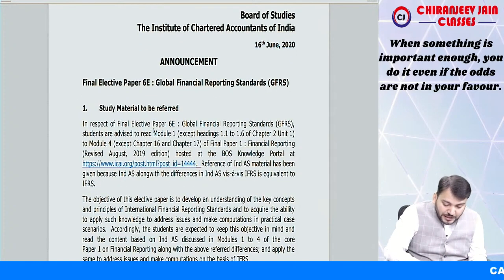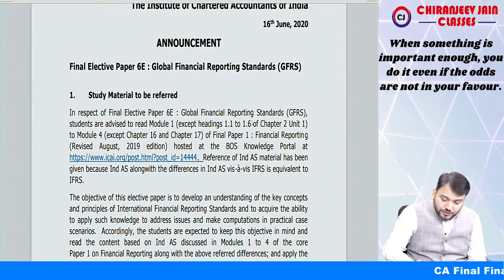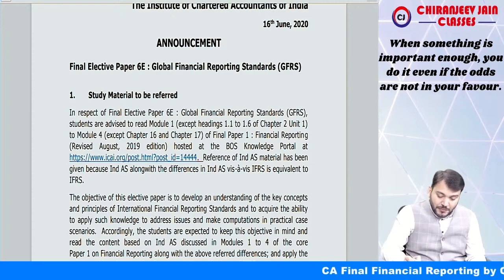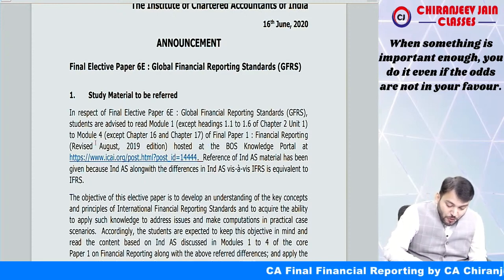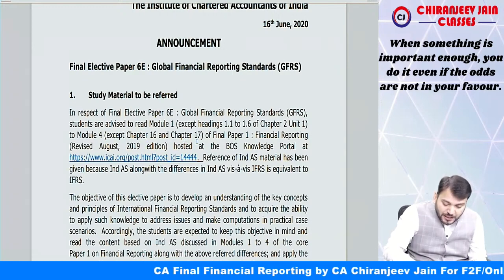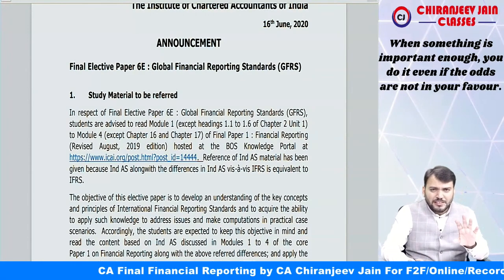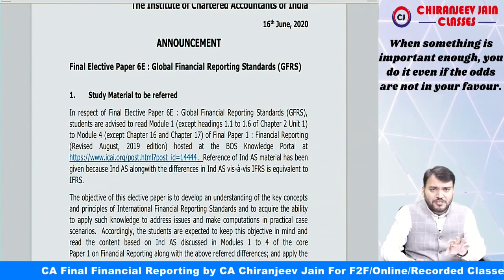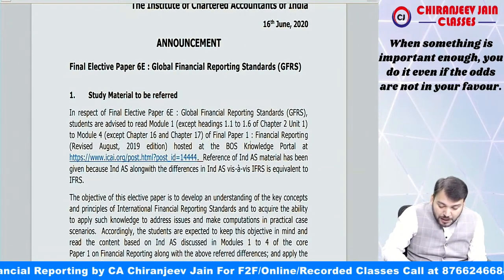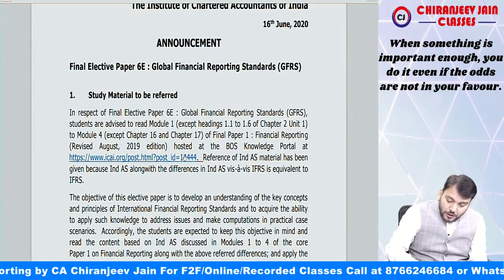In respect of Final Elective Paper 6C GFRS, students are advised to read module 1 to module 4 except chapter number 16 and chapter number 17. These chapters 16 and 17 are nothing but CSR and integrated reporting, of Final Paper 1 Financial Reporting.